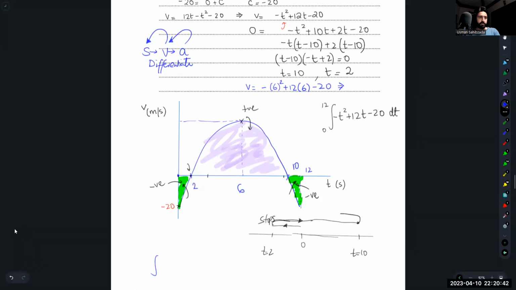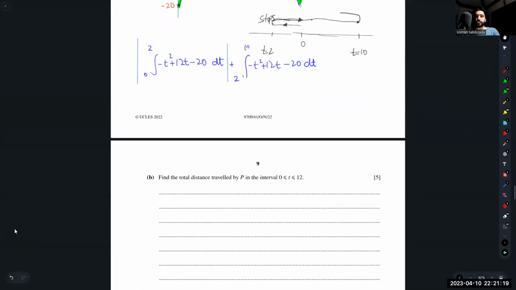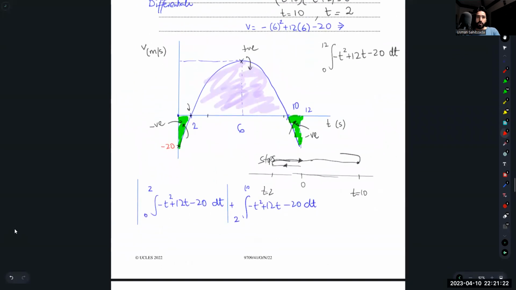So we integrate the expression of velocity, Wahaj, -t² + 12t - 20 dt. The limits are 0 to 2 separately, then 2 to 10 separately. And the answer of 0 to 2 will come out negative. You yourself are responsible for turning that negative answer into positive, because distance is being talked about in the second part. Okay, we needed total distance from 0 to 12: the distance from 0 to 2, from 2 to 10, and just to be formulaically correct, we are also finding the distance from 10 to 12.